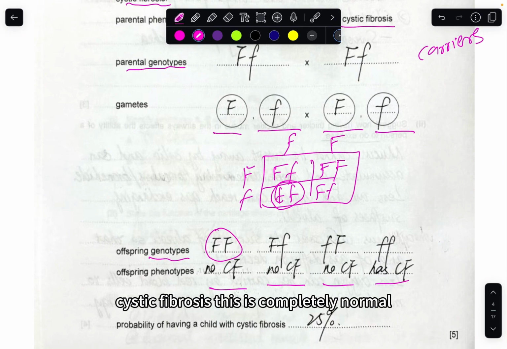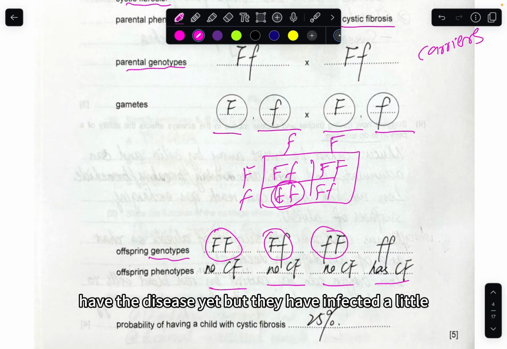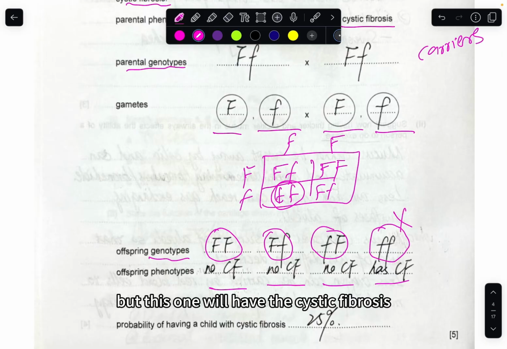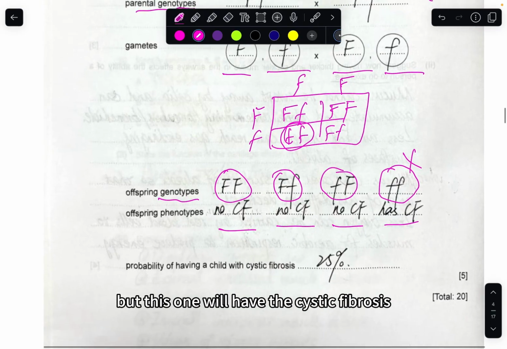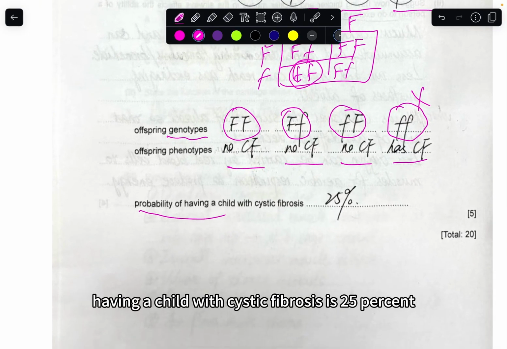This one is completely normal. These 2 are the carriers, they don't have the disease, but they have the affected allele. But this one will have cystic fibrosis. So the probability of having a child with cystic fibrosis is 25%.